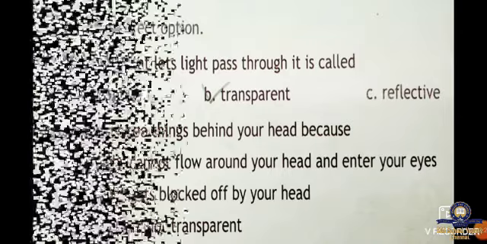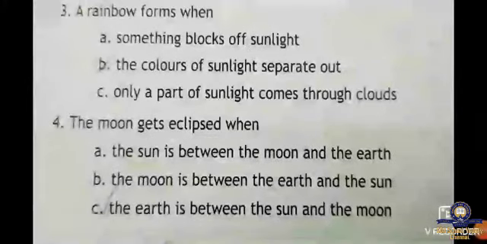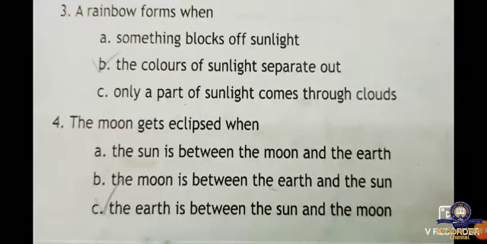Next we'll see the third question. A rainbow forms when, the options are: something blocks off sunlight, the colors of sunlight separate out, only a part of sunlight comes through clouds. The correct option is the colors of sunlight separate out.